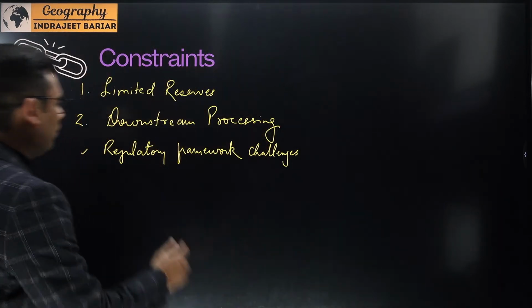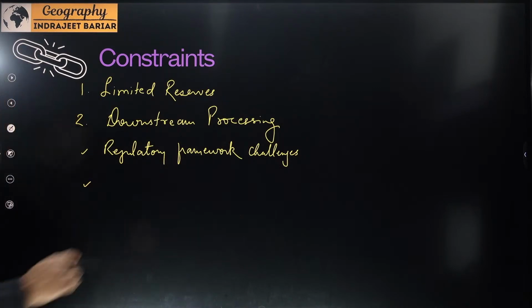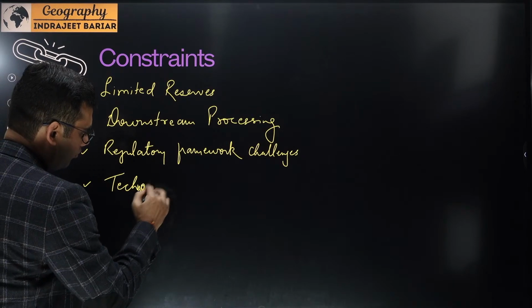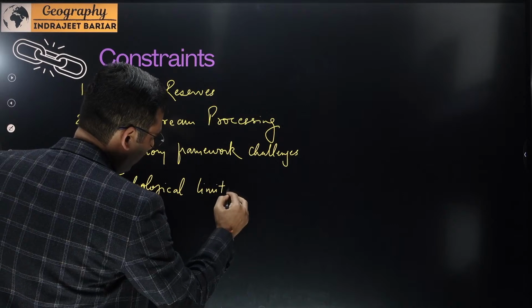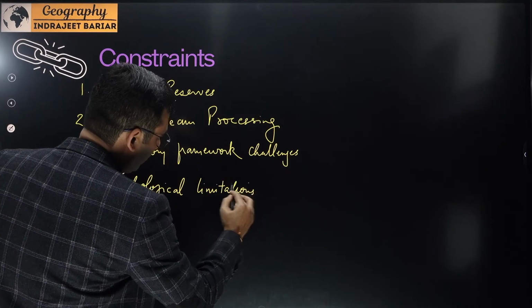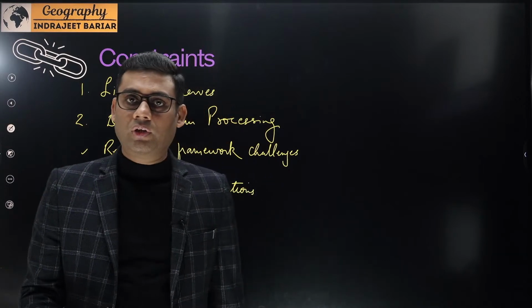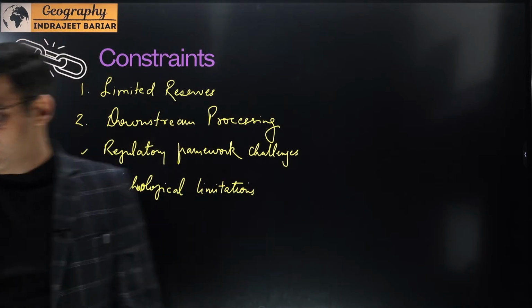So overall, the regulatory framework challenges are there. Plus, along with that, we have technological limitations. So all of these are major constraints with respect to critical minerals in India.